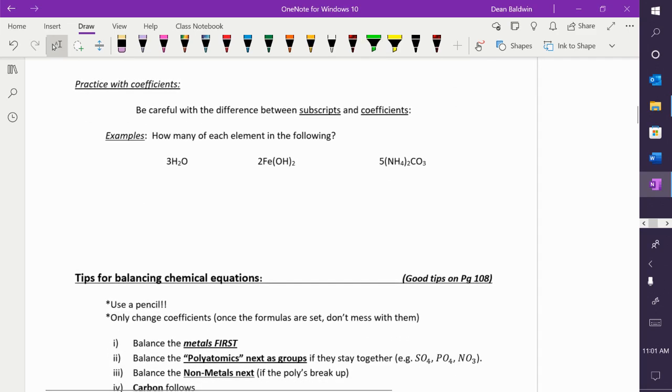Okay, here we go. So first thing you've got to be able to do is figure out how many of each atom there are. The coefficients apply to everything. We're going to do the last one here. We have nitrogen, hydrogen, carbon, and oxygen.